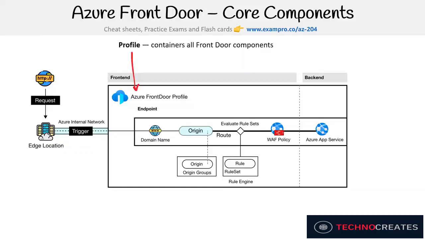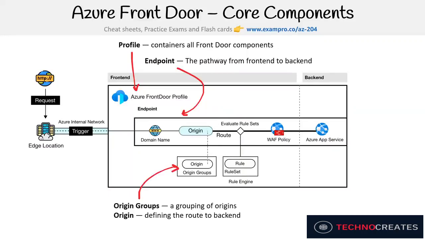So the idea is you have a profile, and a profile, as far as I can understand, contains all the other Azure Front Door components. Then you have this idea of an endpoint, which is the pathway from the front end to the back end. Within your endpoint, you need to have some kind of origin. The origin says what to point at, so what to point at the back end. Even though it says origin here, it's really origin group.